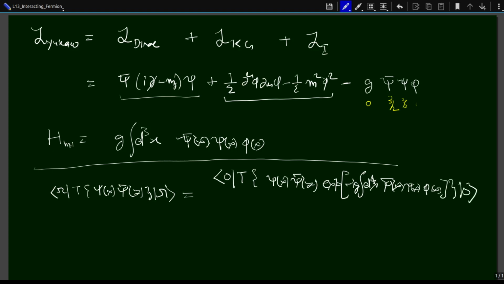I'm just substituting the interaction Hamiltonian in the interaction picture.